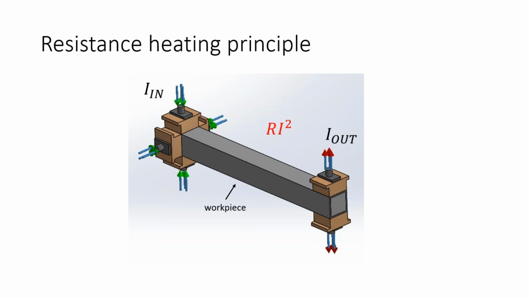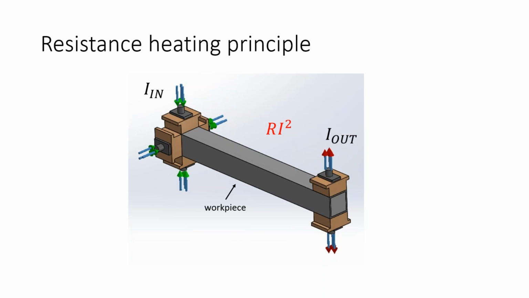The example we're going to be working on today is basically a steel bar held by a set of copper contacts on both ends. These contacts are supplying a current to the workpiece and producing losses which lead to the temperature rise.